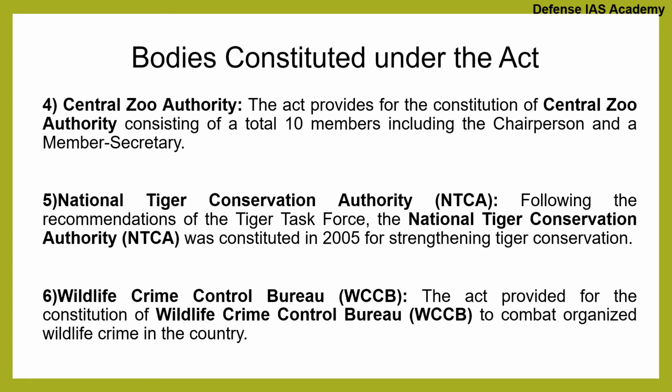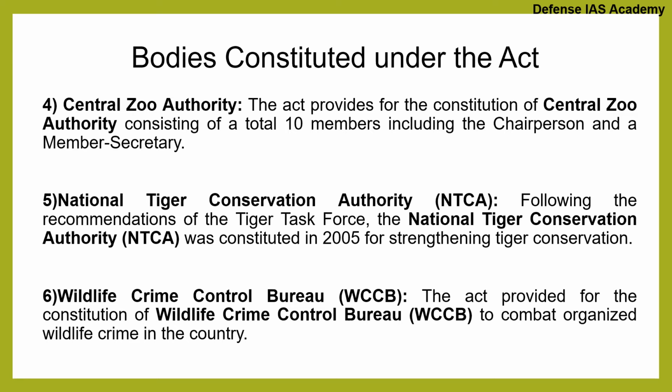The fourth body is the Central Zoo Authority. This act provides for the constitution of the Central Zoo Authority, which has a total of 10 members, including the chairperson and the member secretary. Now, who is the chairperson over here? It's the Environment Minister.